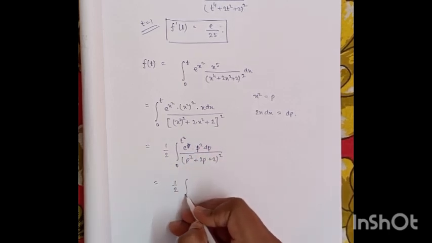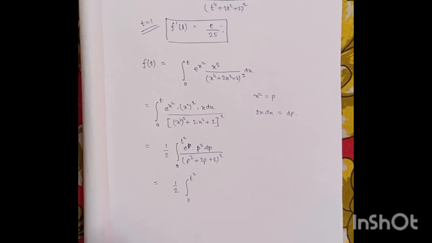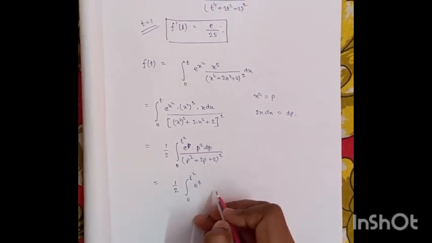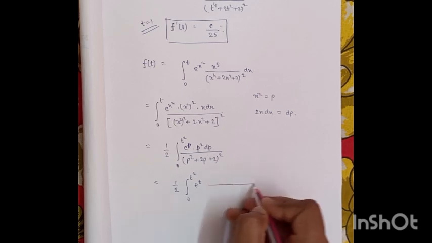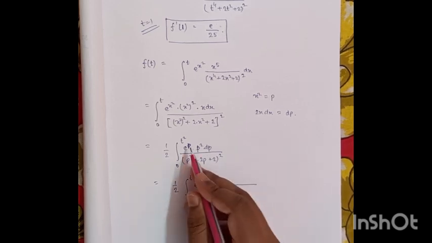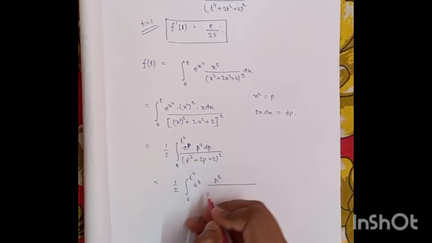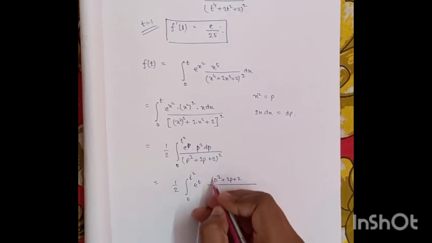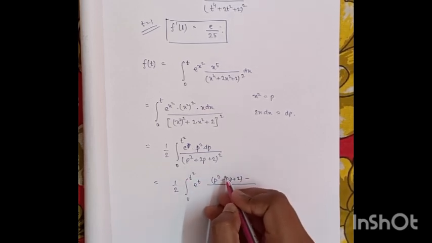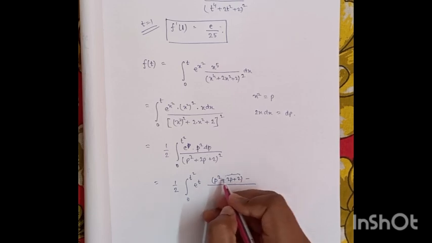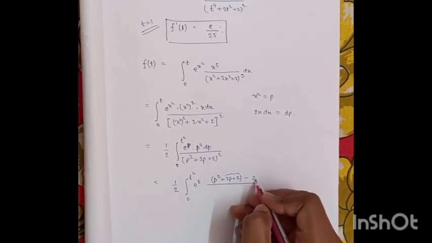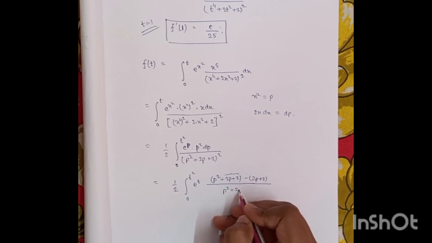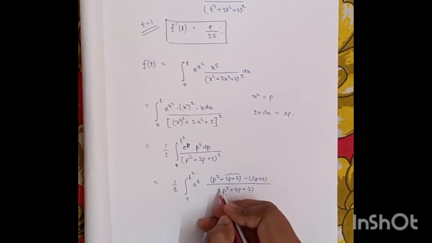How can we solve it? So integration 0 to t square, here let us take the half outside. So here we can write p square as p square plus 2p plus 2 minus 2p plus 2, as we are adding this, we have to subtract this part.